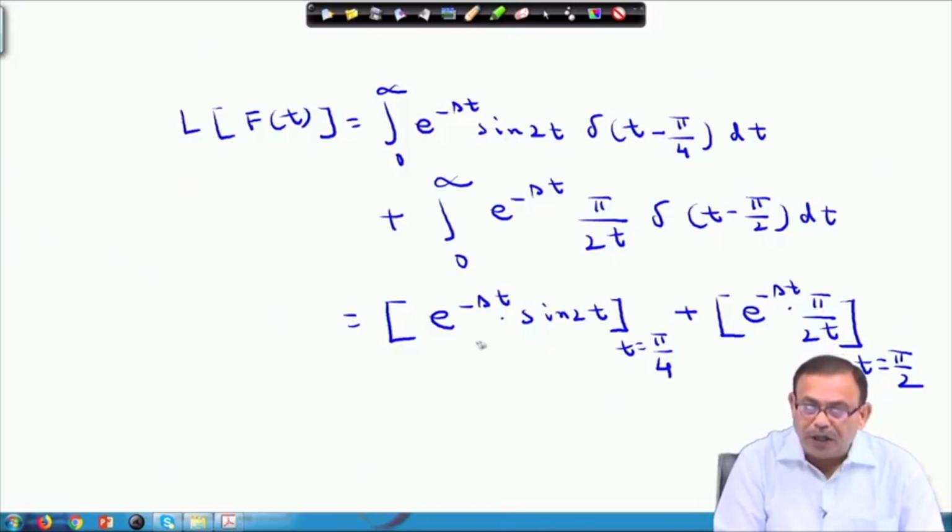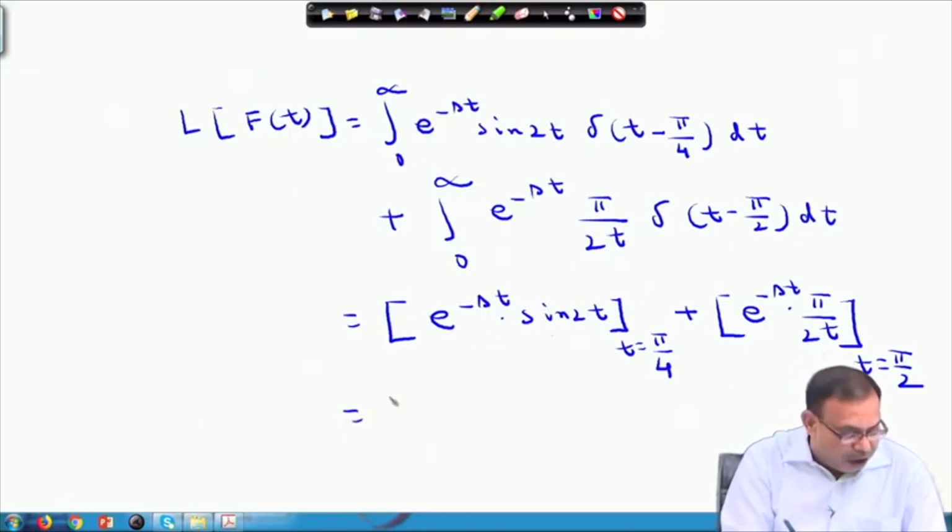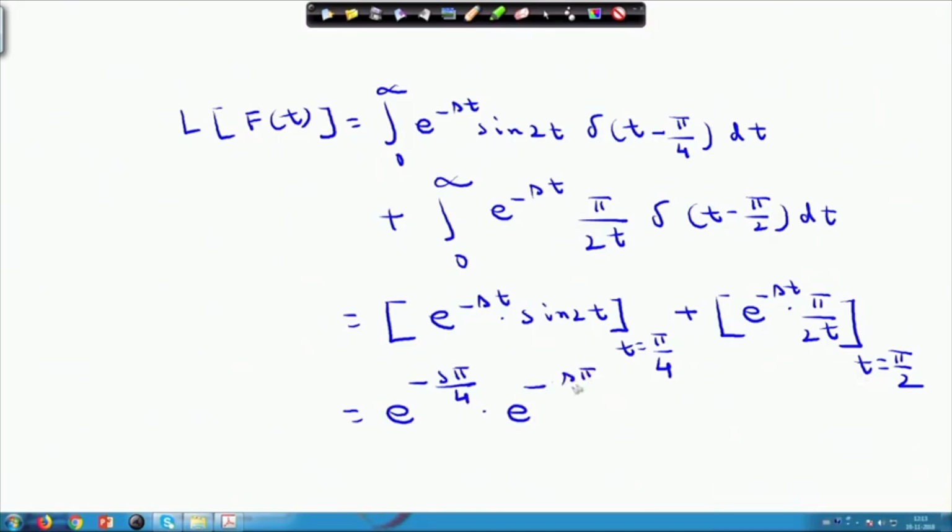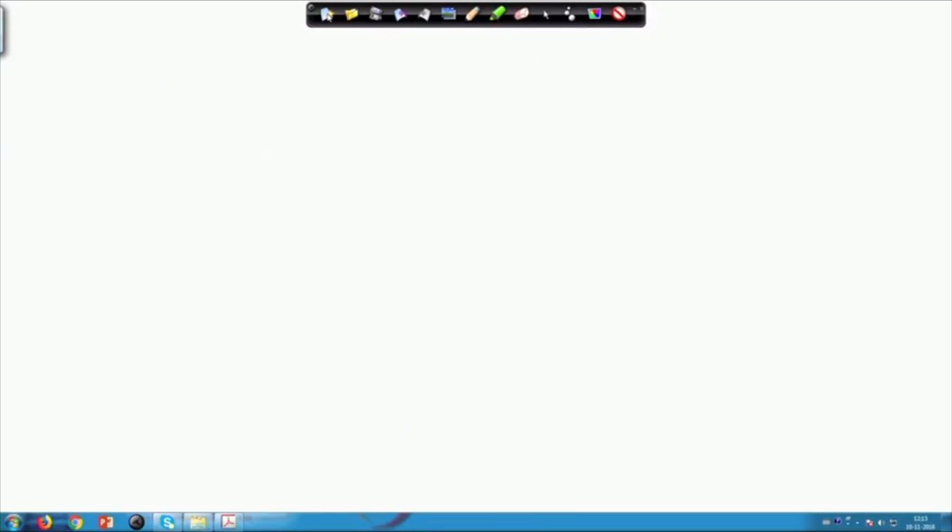It is e to the power minus sa, since this is the function, so it will be e to the power minus st into sin 2t. If I evaluate this one, I will obtain e to the power minus s pi by 4 plus pi by 2 into e to the power minus s pi by 2, and this will be the result.